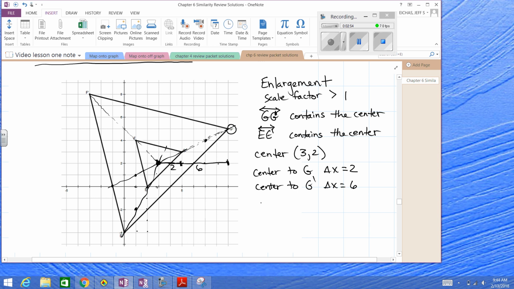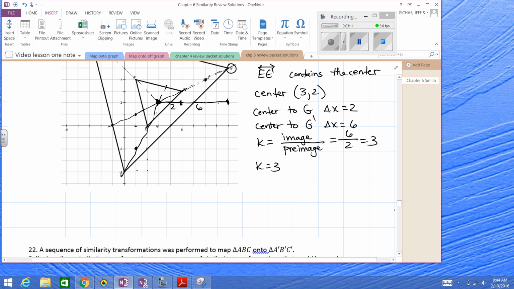One of the things I do for scale factor is I say it's image over pre-image, assuming you're measuring distance from the center. The image is 6, the pre-image is 2, so that's giving me a scale factor of 3.